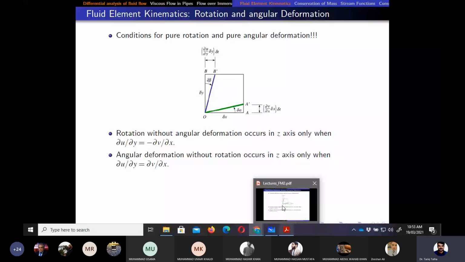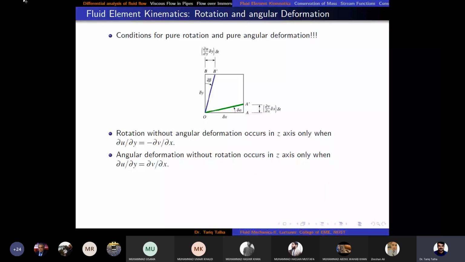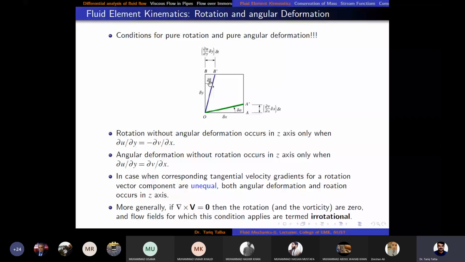Let me repeat it. That rotation without angular deformation occurs when partial u by partial y is equal to minus partial v by partial x. It means that this OB line, OB prime line, should be on this side. So delta alpha and delta beta should be in counterclockwise direction, because here delta alpha is in the counterclockwise direction and this delta beta is in the clockwise direction.